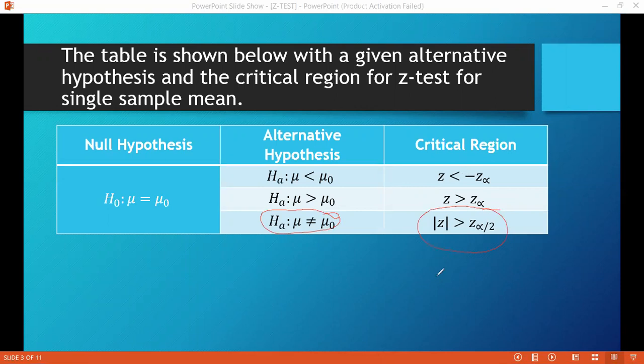You have absolute value of Z, computed nato na siya later, greater than the Z sub alpha. Ilan yung alpha natin? That is 0.04. You divide that by 2, then you have now Z sub 0.02. Kaya, naging 0.02 na yung sub ng ating sa example na binigay ko.